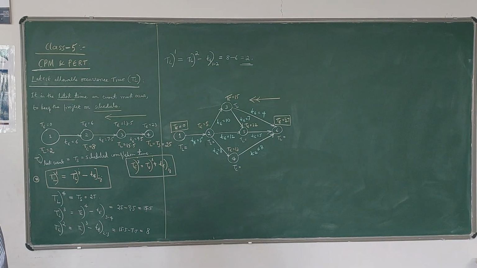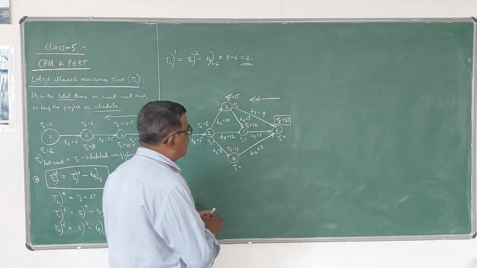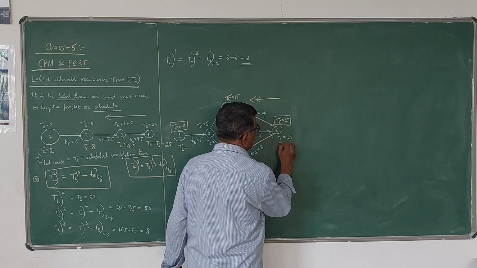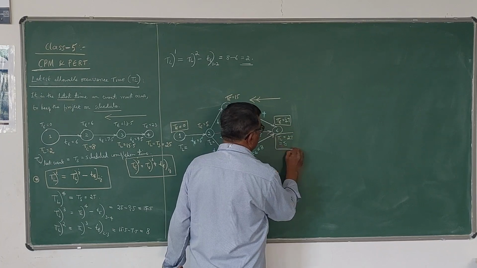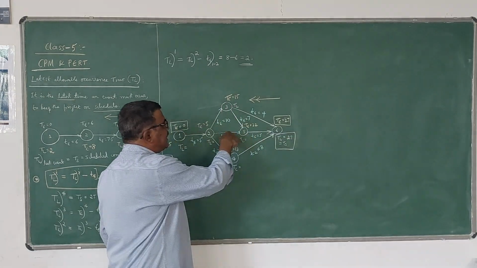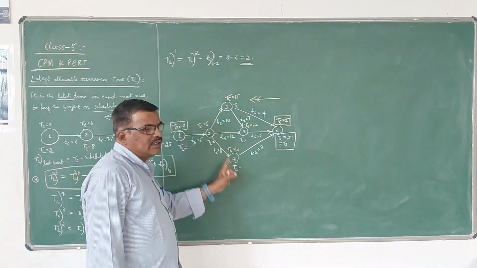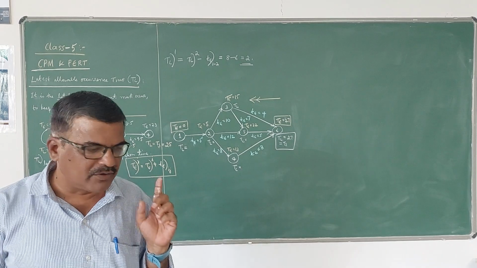We have to move in the backward sense. So let me take that the TL value for the last event is known, 27 only. So this TL is equal to TS. Now using this and using all these small t values, how to compute TL values for the other events? Like that we have to see.